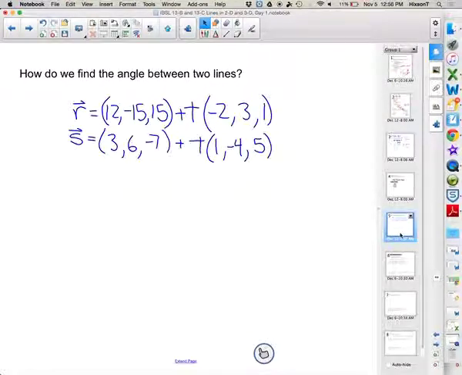All right, so here's a question that kind of ties today to earlier. How would we find the angle between those 2 lines? Can you find the magnitude of the vectors and solve that way? Which vectors would we be looking for?